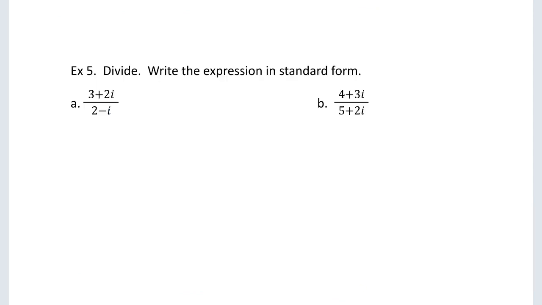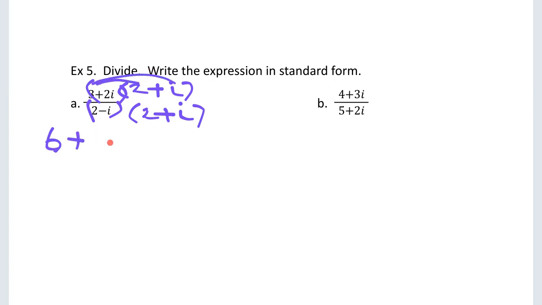Okay, so we're going to multiply the conjugate to both, and then in the numerator, we get 6 plus 3i plus 4i plus 2i squared.